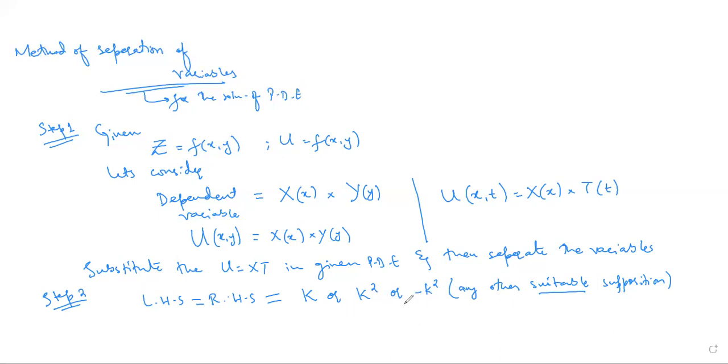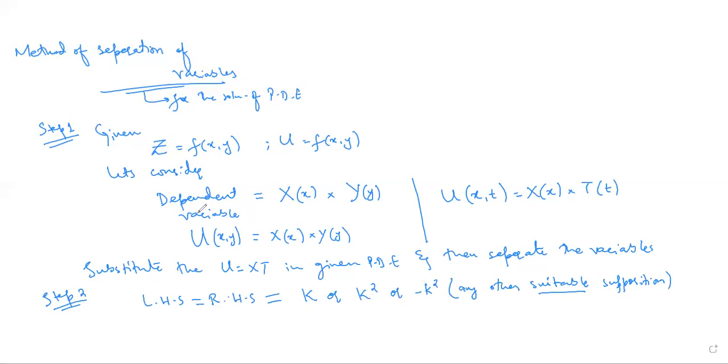In the last example, we'll discuss what the solution will be if we suppose k, if we suppose k square, and if we suppose minus k square. So with respect to the given condition, we'll have to consider that particular solution.